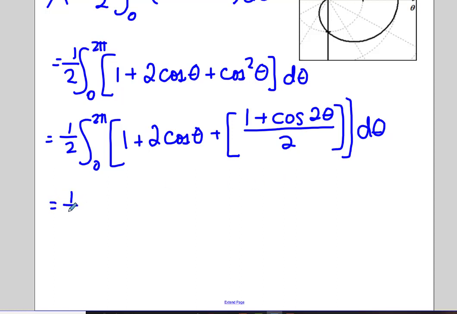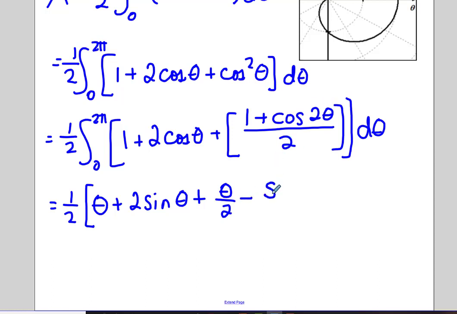And then integrating, we have 1/2 of theta plus 2 sine theta, and then the integral of 1/2 is theta over 2, and the integral of cosine 2 theta divided by 2 is going to be sine of 2 theta with the chain rule, so we're dividing by 4, evaluated from 0 to 2 pi.